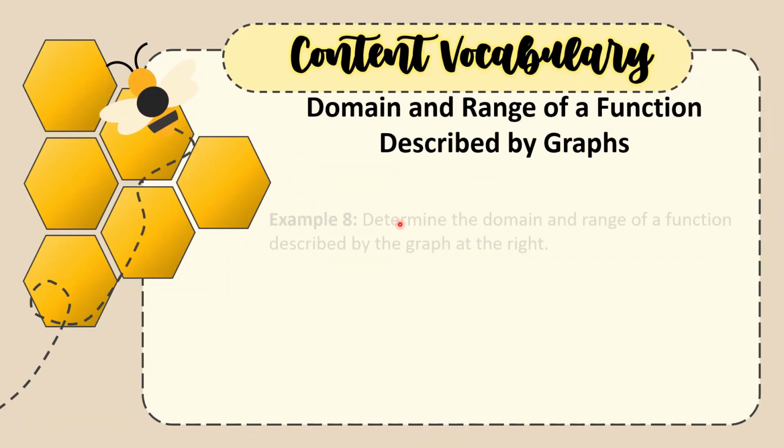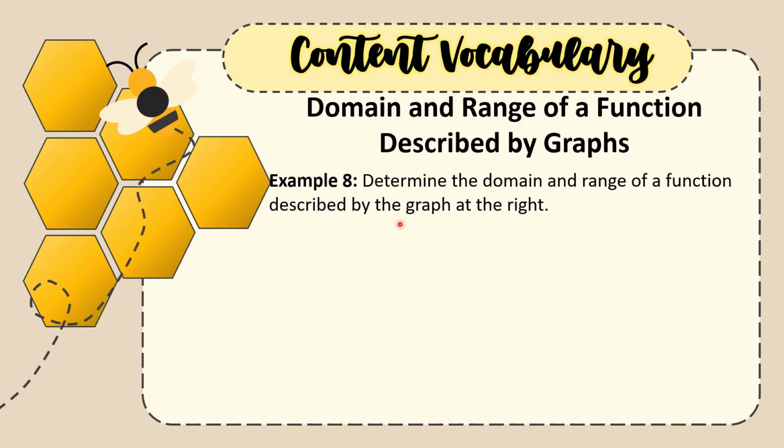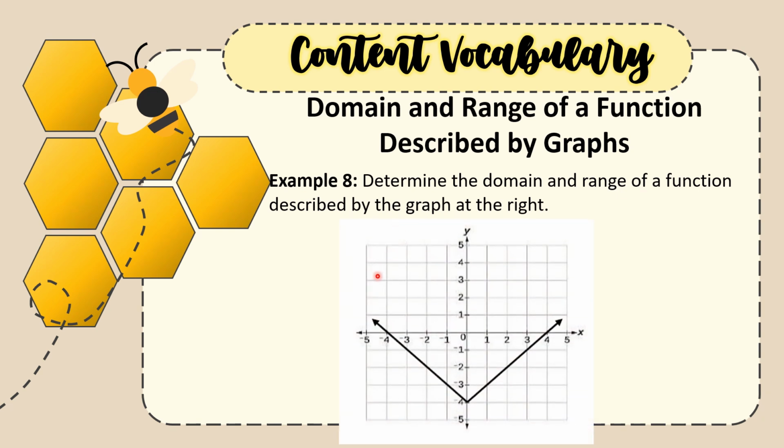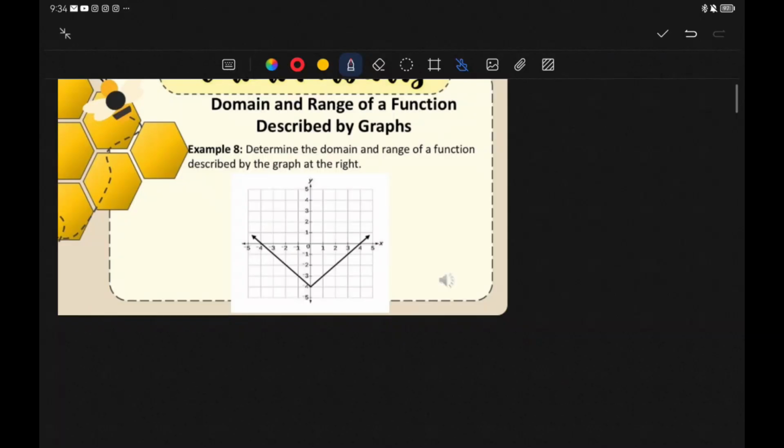For example number 8, determine the domain and range of a function described by the graph at the right or below. So we have here the graph. So we are going to determine the domain and range of the function described by the graph. Okay, now let's have example number 8. To determine the domain, visually, consider the x values or inputs taken by the graph.